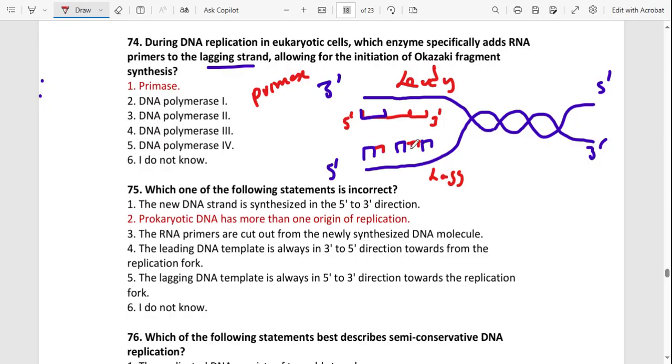And then the one that will come and finish forming the phosphodiester bonds, the full connections, is known as DNA ligase. So the question is saying, during DNA replication in eukaryotes, which enzyme specifically adds RNA primers to the lagging strand? It is primase, which is the one adding primers on both strands.